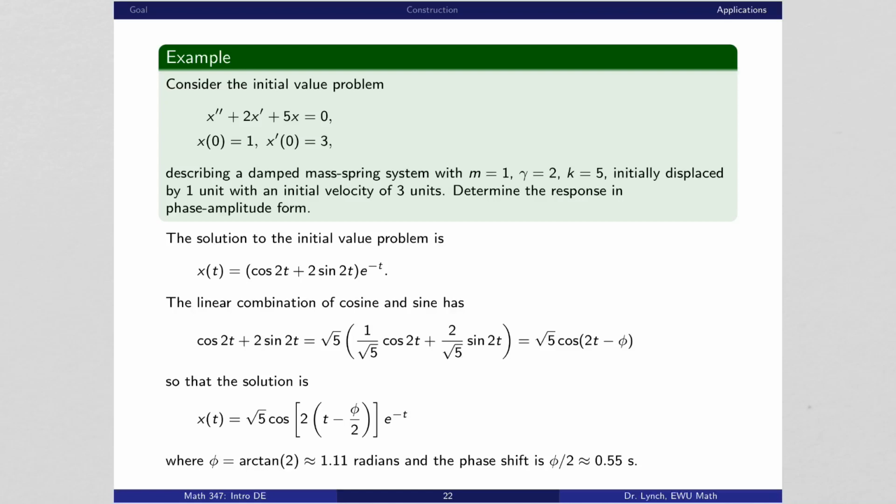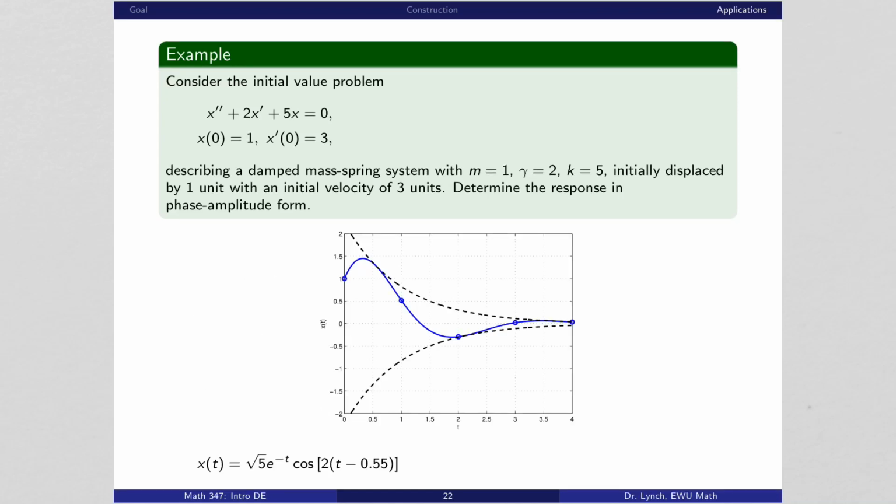Okay, 1.11 radians. The phase shift turns out to be about a half a second. So here we can use this form to identify the envelope of solutions. So here's that envelope of solutions, root 5 times e to the minus t, and also the oscillatory part in between, given by that root 5 times the exponential times the cosine.